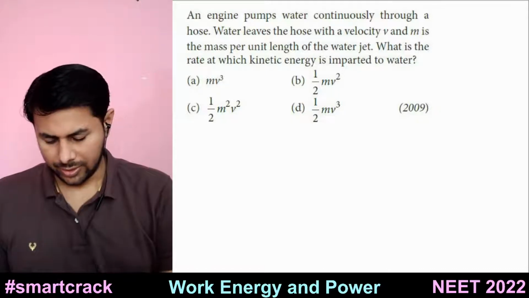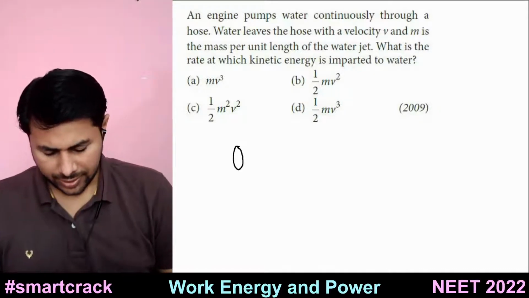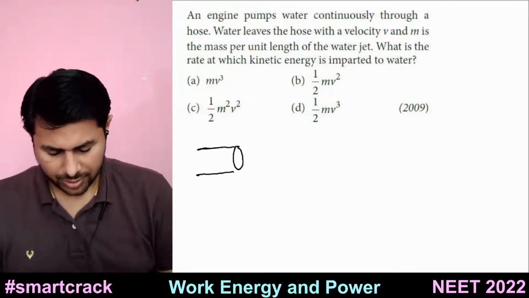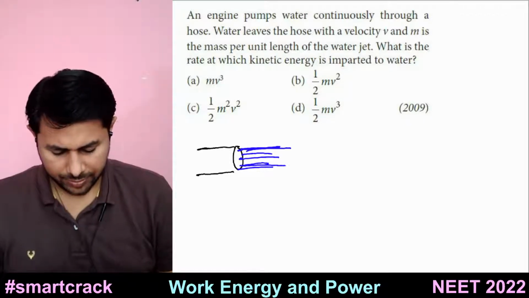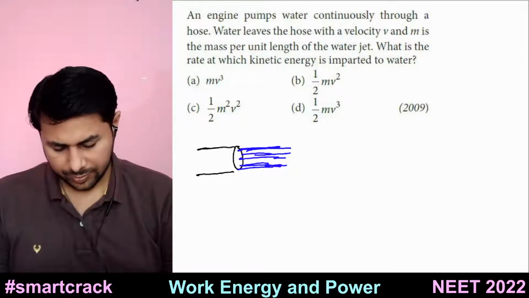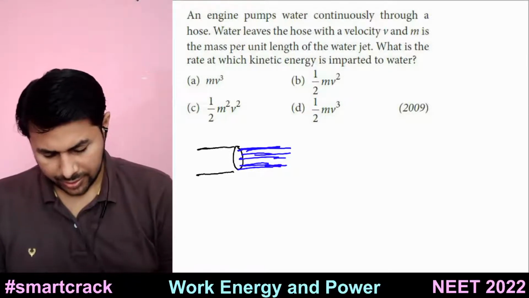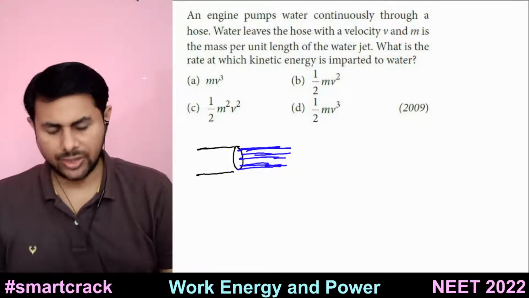All right, so there is a water hose like this, and water leaves through here. What's given is m, the mass per unit length.